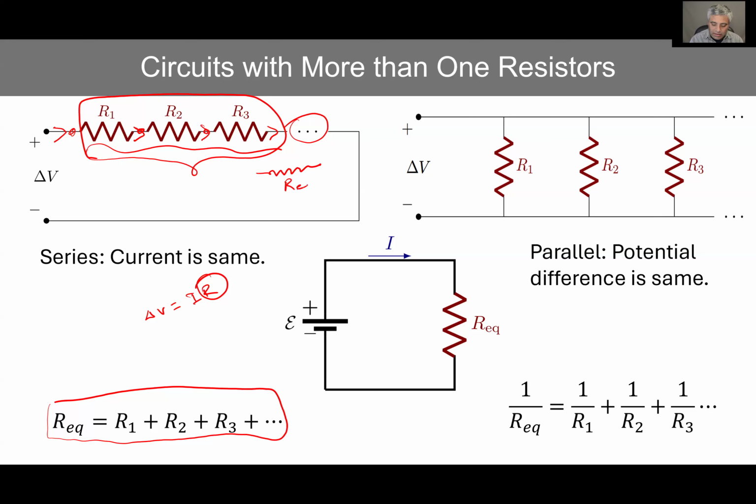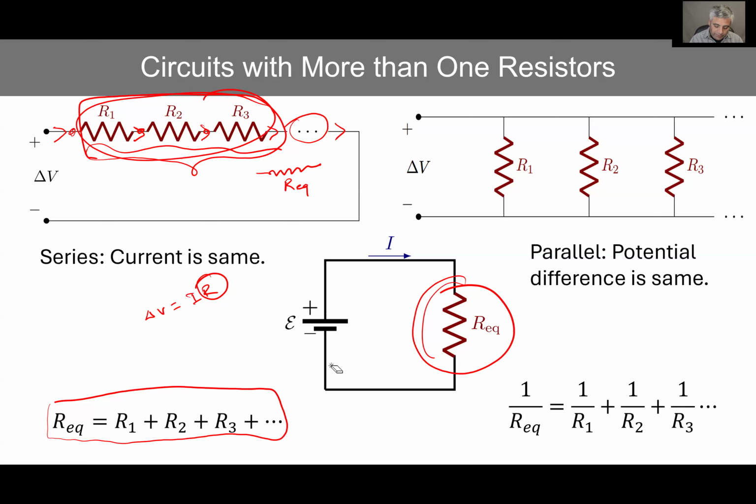Then the current in the circuit is still the same. It wouldn't change the property or behavior of the circuit. So we can replace these 3 by just 1.